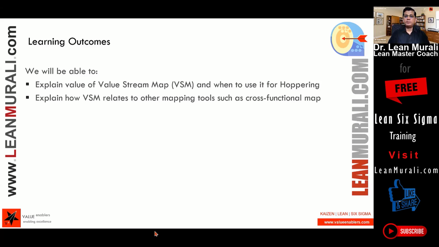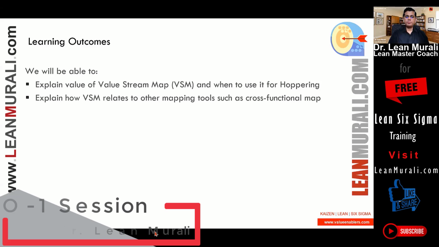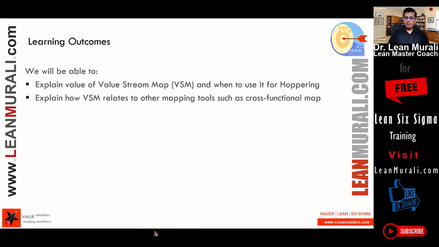What is a high leverage product family? As we saw in the product process matrix, we see products on one side and processes on the other side, and we try to identify the high value, high quantity products and processes. So in value stream mapping, it is very peculiar.